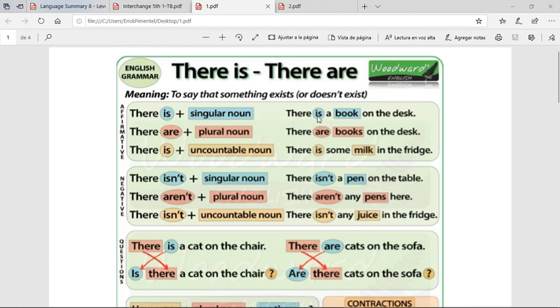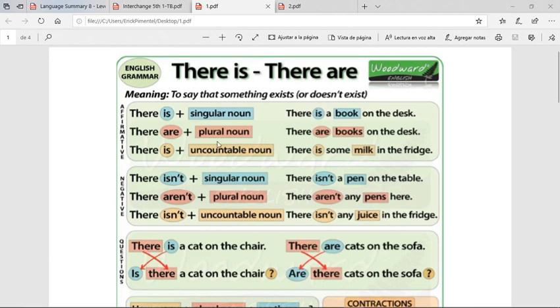For example, there is a book. We need the a, or if not, it's gonna be incorrect. Okay. If it's there are, it's with plural nouns obligatorily. Okay. There are books on the desk. Okay. There is a book on the desk. There are books on the desk. There is some milk in the fridge. In this case, milk is uncountable.